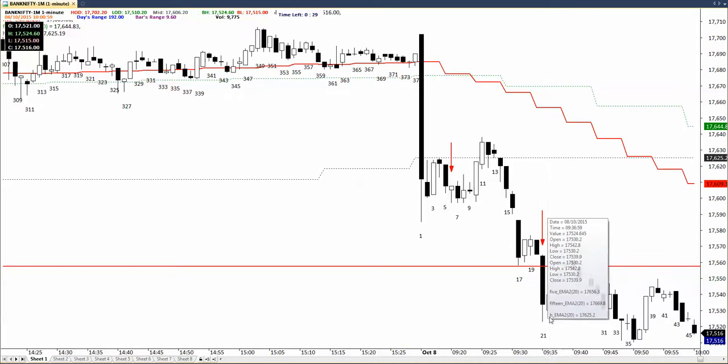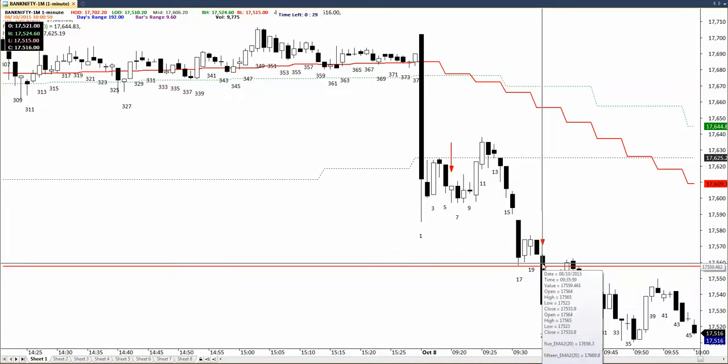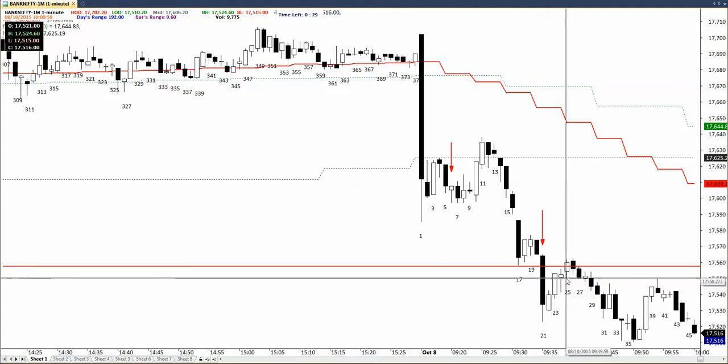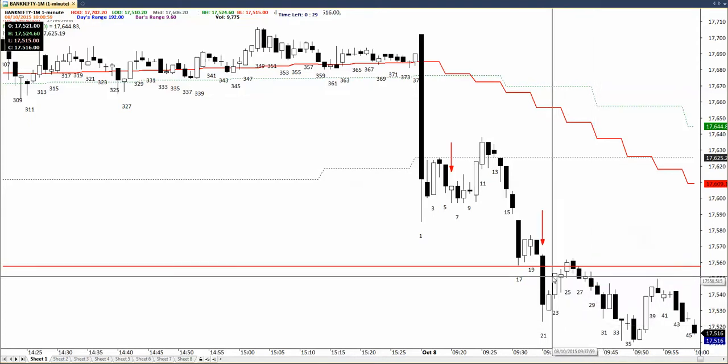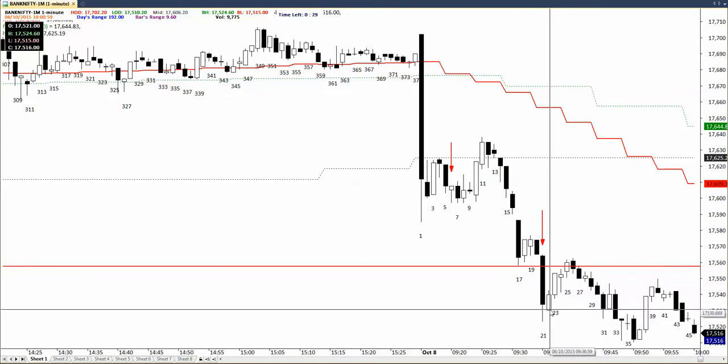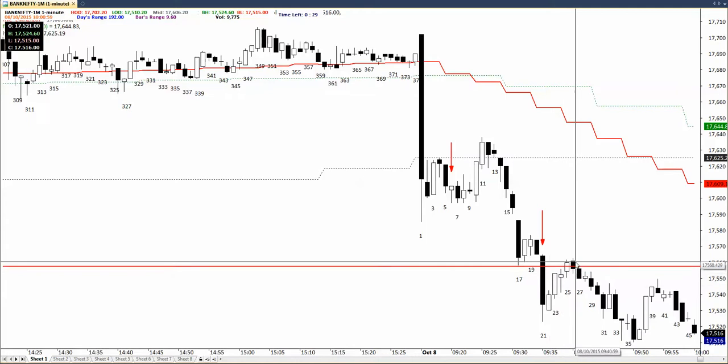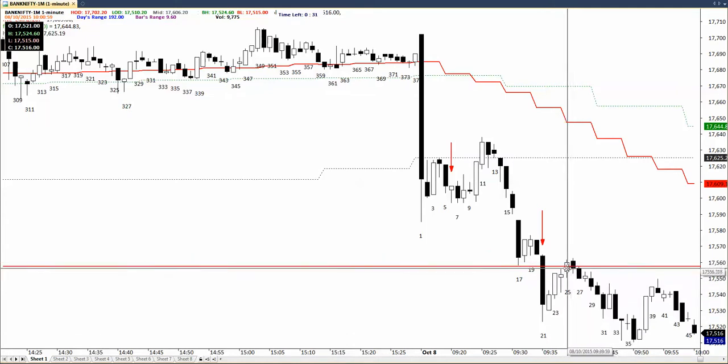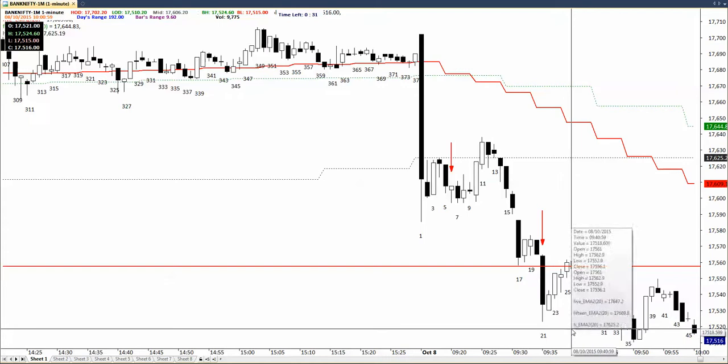So you book that and move the stop to break even for the remaining position. And the price came back up and hit the break even stop somewhere here, and I got out.